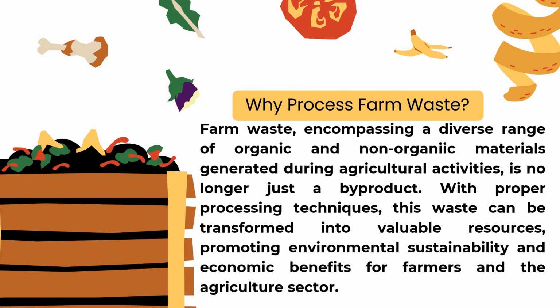Crop residues can be incorporated into the soil, and some plant waste can be used as livestock feed. Through proper processing, waste becomes a resource rather than a problem. Farm waste processing helps create a cycle where materials are reused and nutrients are returned to the soil, making farming more efficient and environmentally friendly.